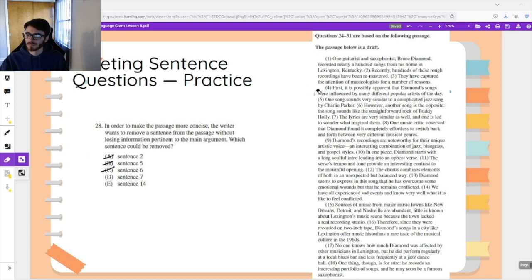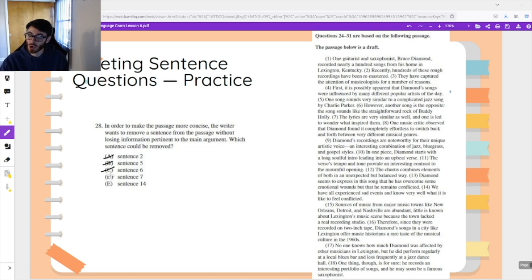7, the lyrics are very similar as well, and one is led to wonder what inspired them. 7 is commentary almost. 7 is connecting these examples that were given to the idea about it being influenced by many different popular artists of the day. So I think of the ones we've read so far, 7 is the one that could be eliminated most likely.